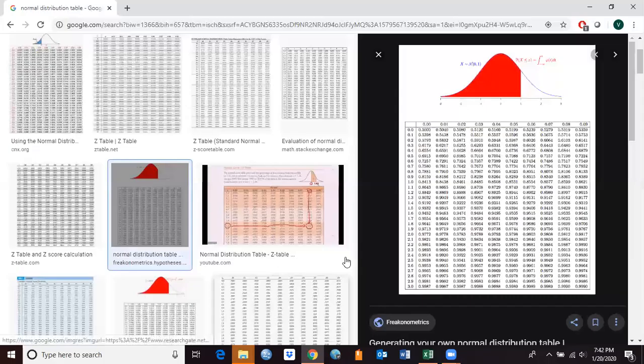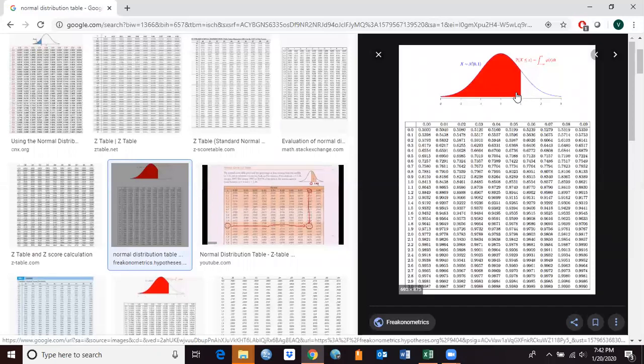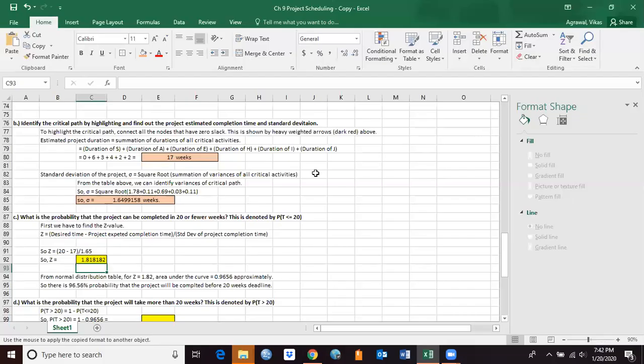So if this Z value here is 1.82, which is roughly here, that means I'm going to shade all the area from the left up to 1.82, which tells me that I'm 96.56% sure that the project will be done within 20 weeks.